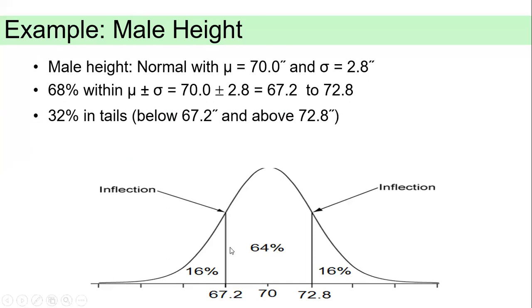But since these two tails, one going to the left and one going to the right, are symmetrical, this 32 will be divided into 2. So that's why you have 16% in each of these tails. So 16% of all the scores are below 67.2, whereas 16% of all the heights are above 72.8.